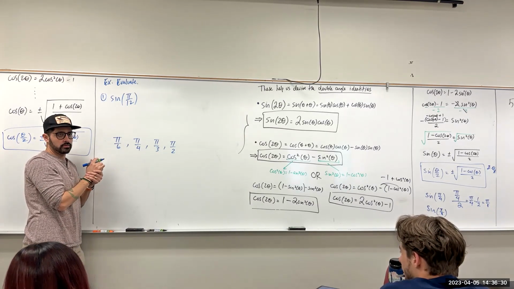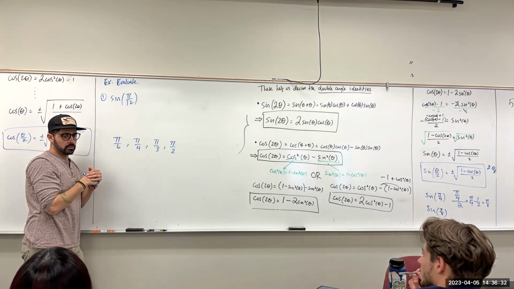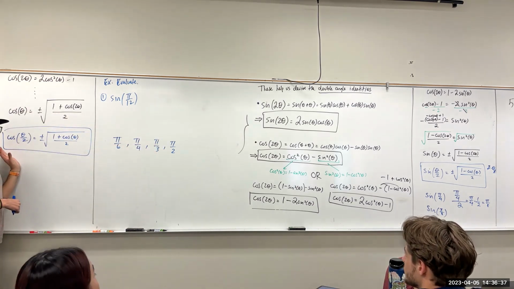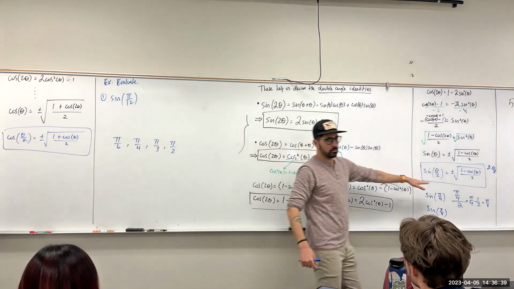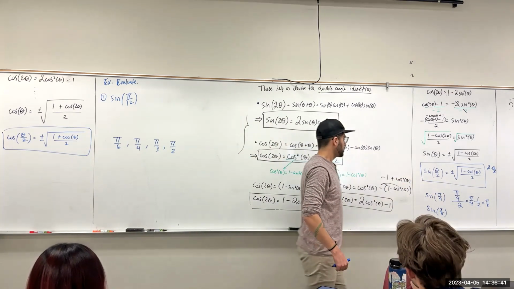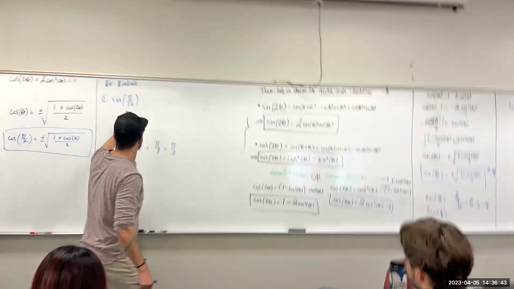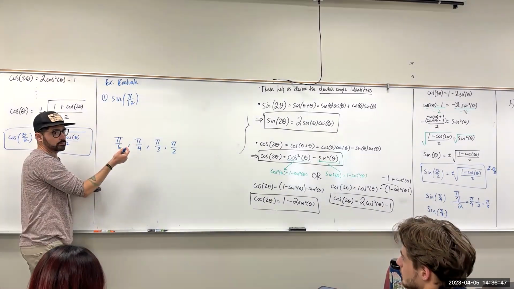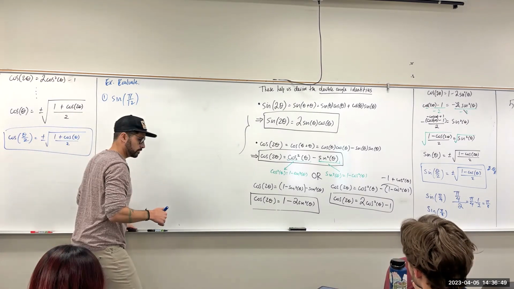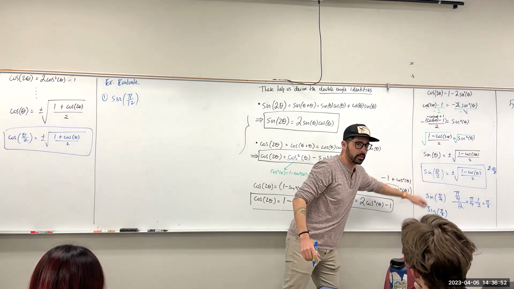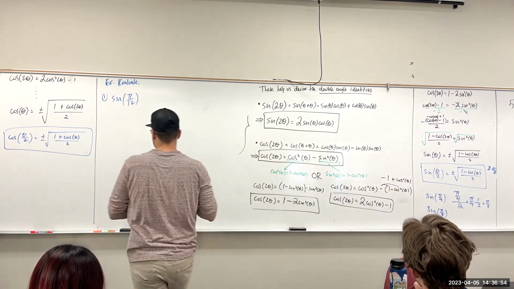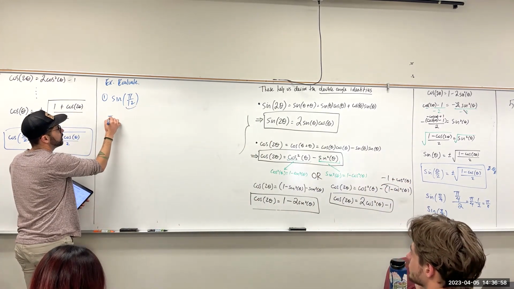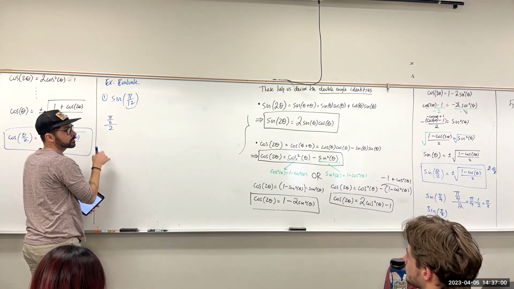Which one? It's half of pi over 6. So I don't want to use a double angle identity. I'm going to have to use one of these two. So this is really half of pi over 6. You would use this trig identity, correct?